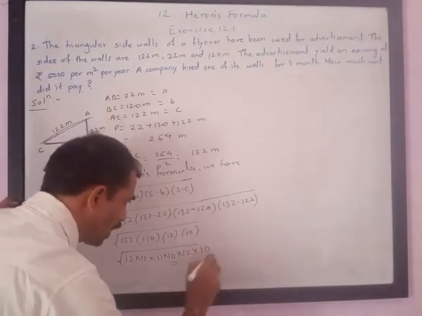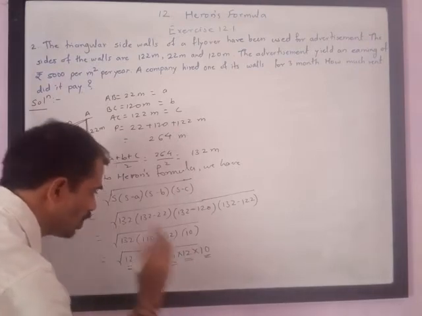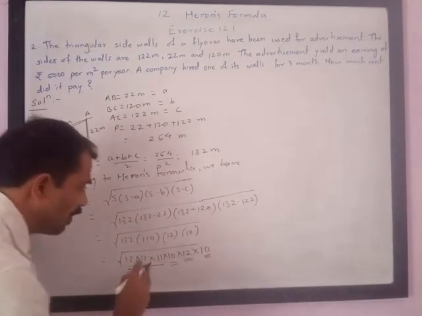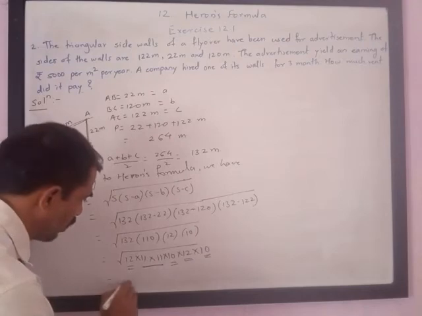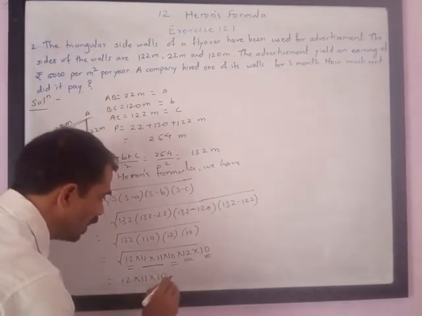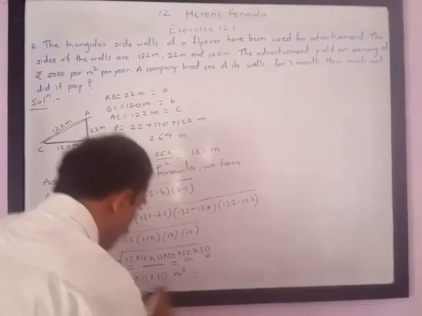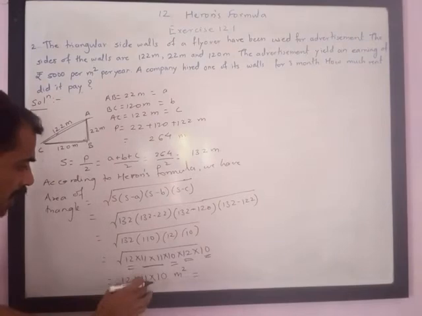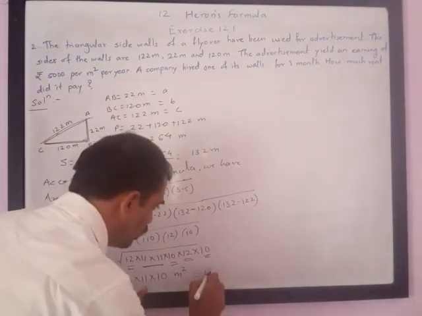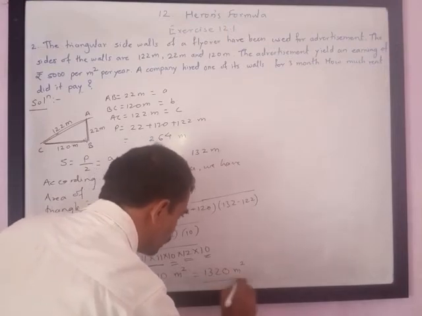Now of the two tens, 1 will come out, of the two 12s, 1 will come out, and of the two 11s, 1 will come out. So this is equal to 12 into 11 into 10 meter square. Solving, 11 into 12 is 132, into 10 is 1320 meter square.